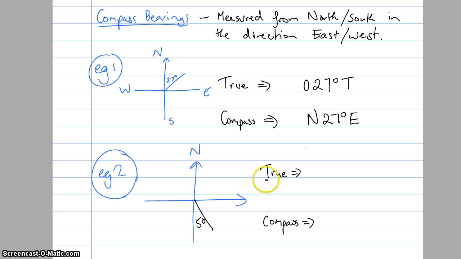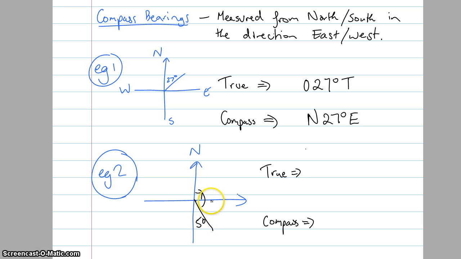So from here, to work out the true bearing, I go from north and I go all the way around until I get to this line, and then I work out what this angle is. I know that from north to east is 90 degrees, and then I have to add on the next bit. I'm not given the next bit, but I'm given this bit over here.